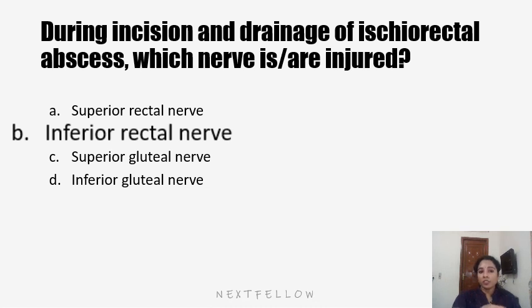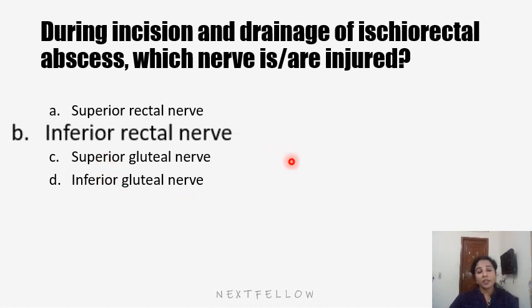Also one more nerve, not mentioned in the options, is the posterior labial nerve. These nerves, and the vessels associated with them, may be injured because they are present in the ischiorectal fossa.